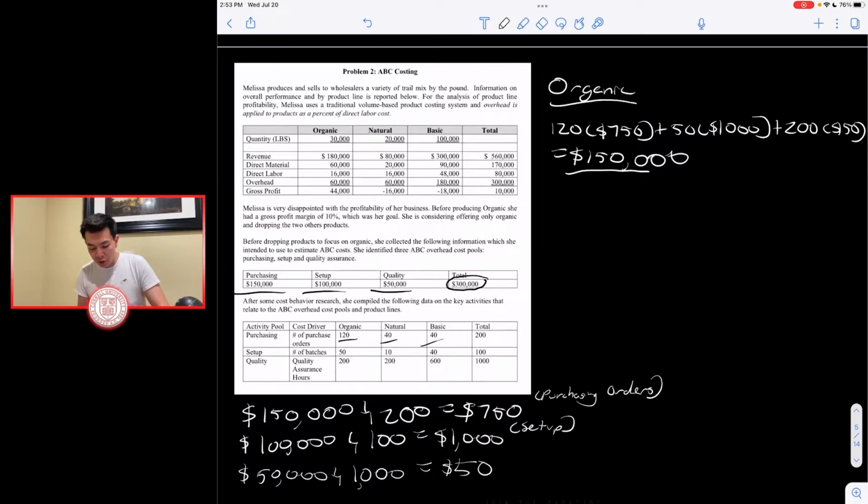So that is our new overhead cost, and we compare that to the previous overhead cost for organic. It was only $60,000, right? So I'm going to highlight it.